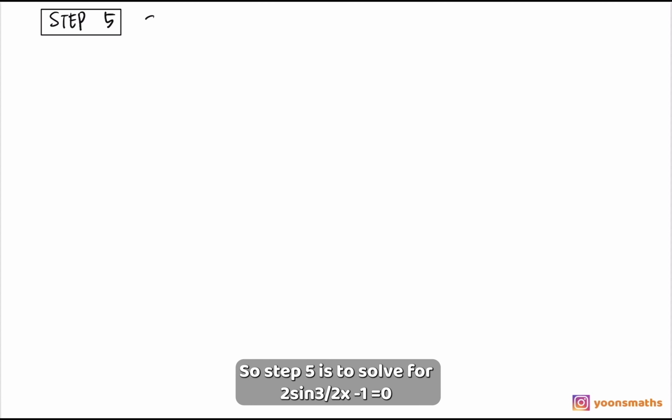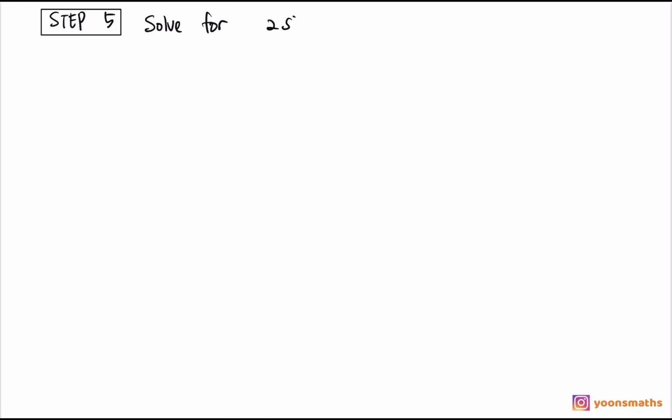Step 5 is to solve 2 sine 3 over 2 x minus 1 equals 0.